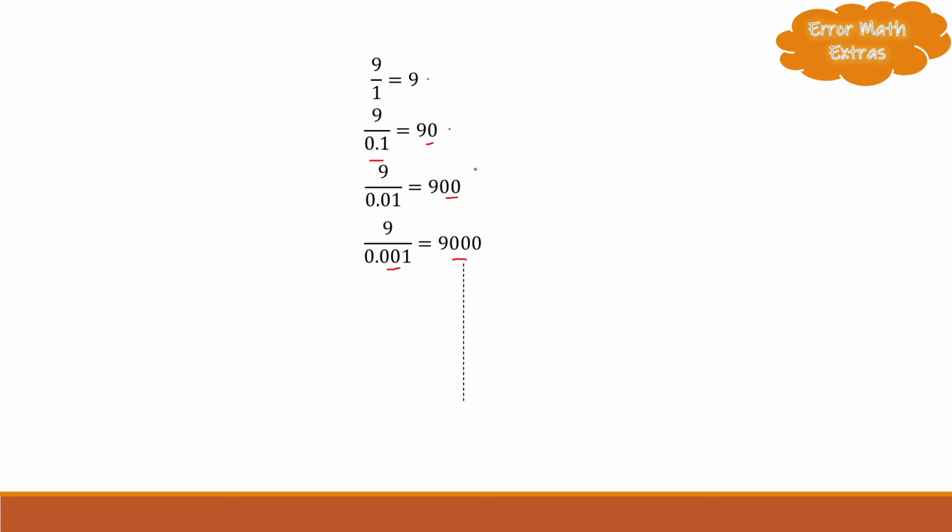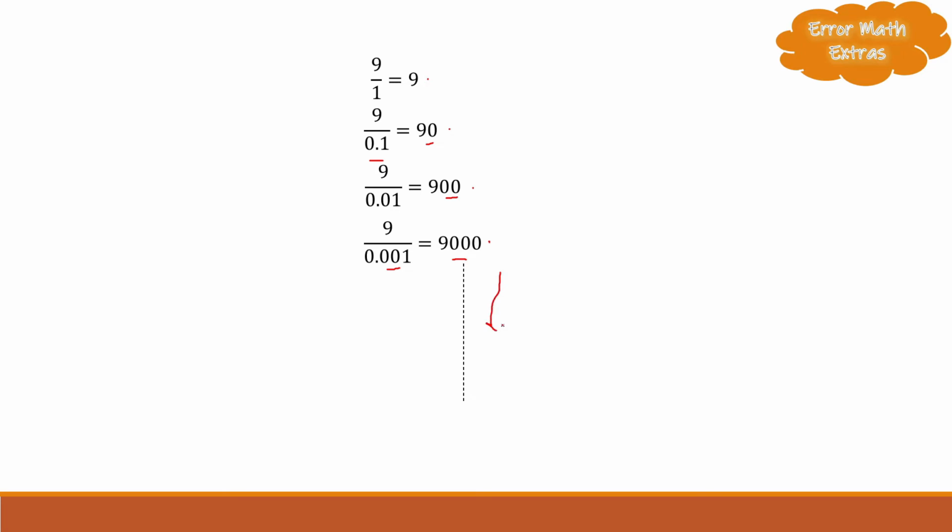Confused? Alright, let us take another approach. Now we know that 9 divided by 1 is 9 and 9 divided by 0.1 is 90. Similarly, 9 divided by 0.01 is 900 and 9 upon 0.001 is 9000. This expression can be continued further. Now here, on the right hand side of the expression we can see 9, 90, 900, 9000.